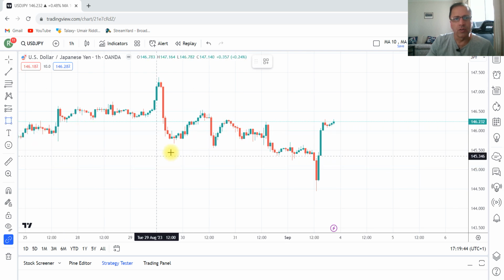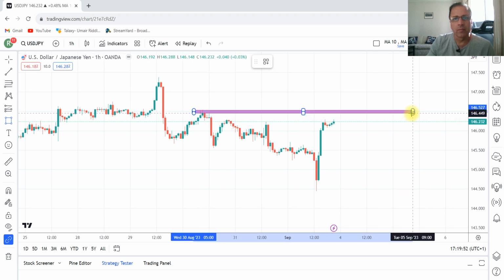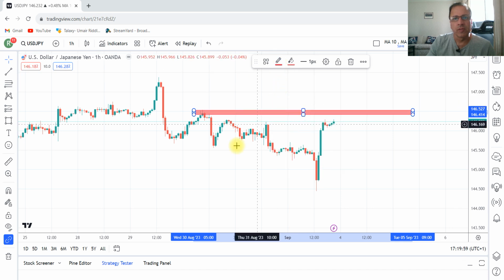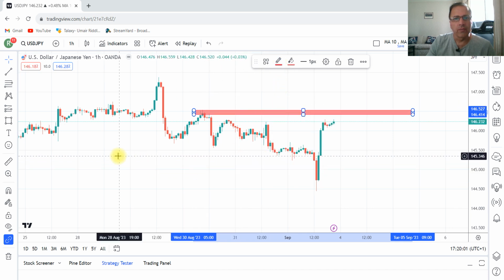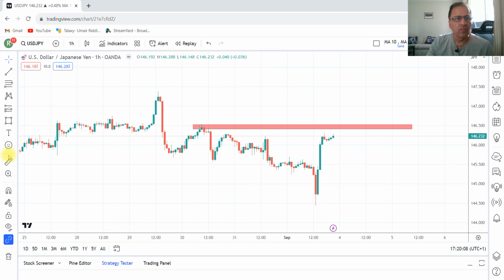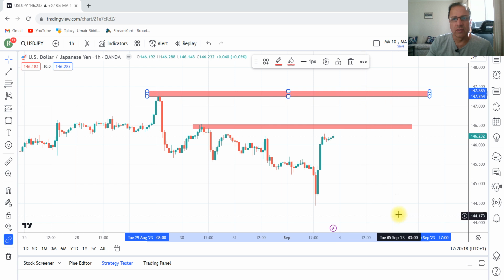So here are two scenarios for you on USD JPY as well on 1 hour time frame. If it breaks up above this resistance level, then it is likely at least to go, there are quite a bit of pips available, to touch this resistance.